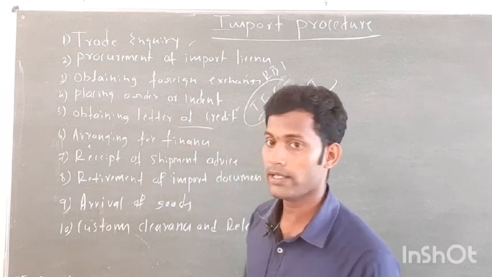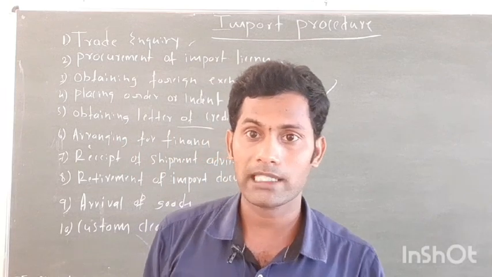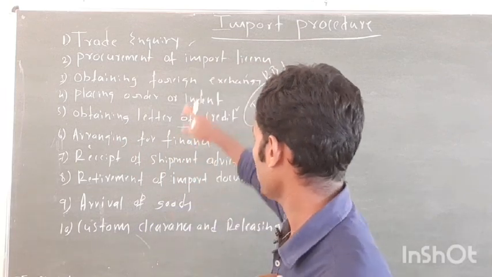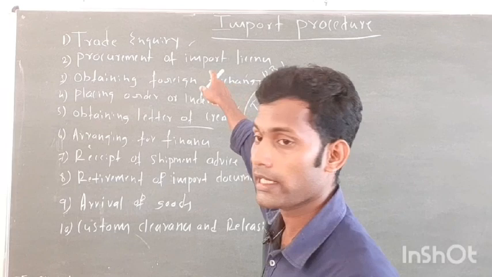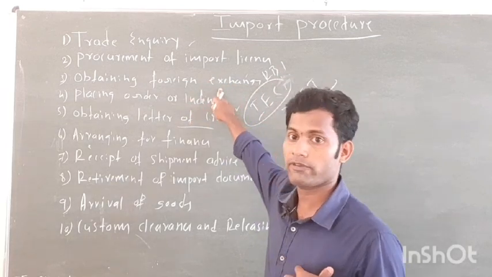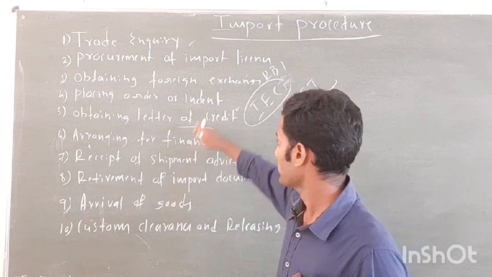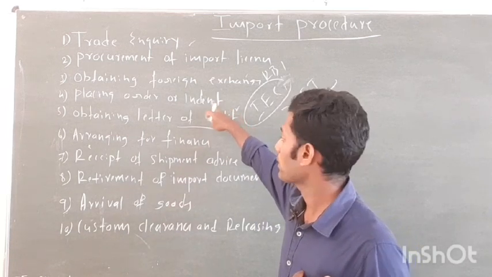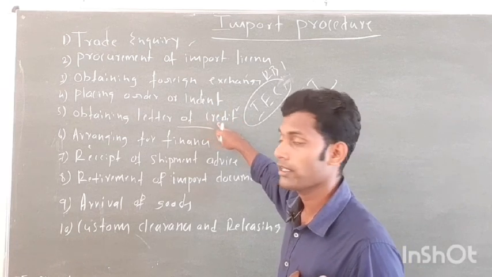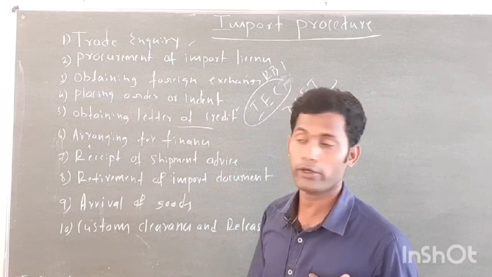First one, trade enquiry, that is enquiring on a product or on an export firm. Then he goes for getting import license, then he collects foreign exchange from the foreign exchange department of RBI, then placing order, then fifth one, getting letter of credit from the importer's bank, then handing it to the exporter's bank or to the exporter.